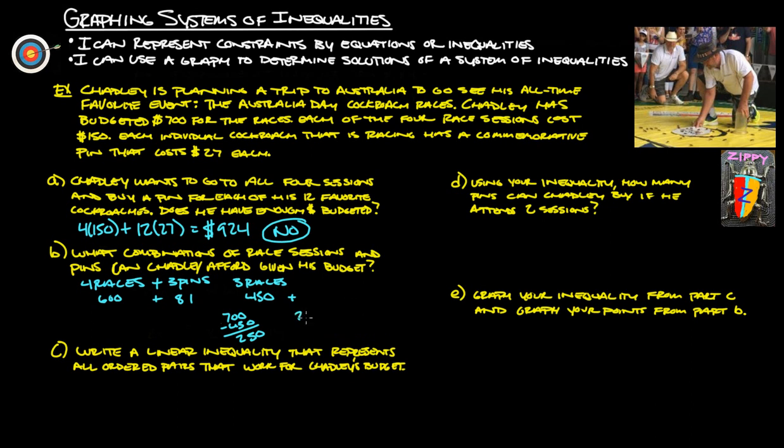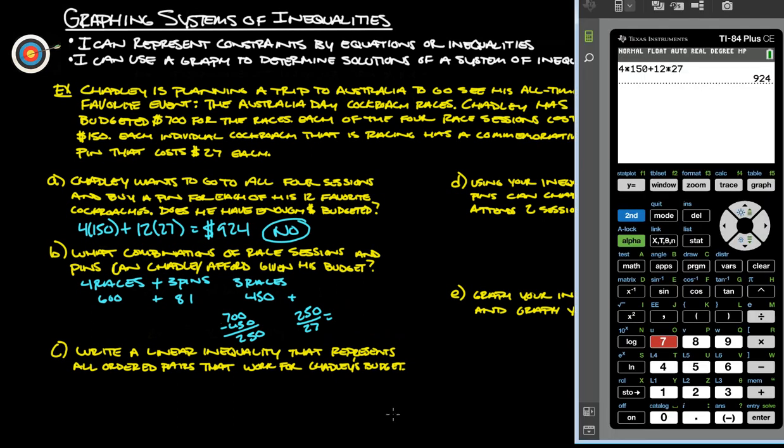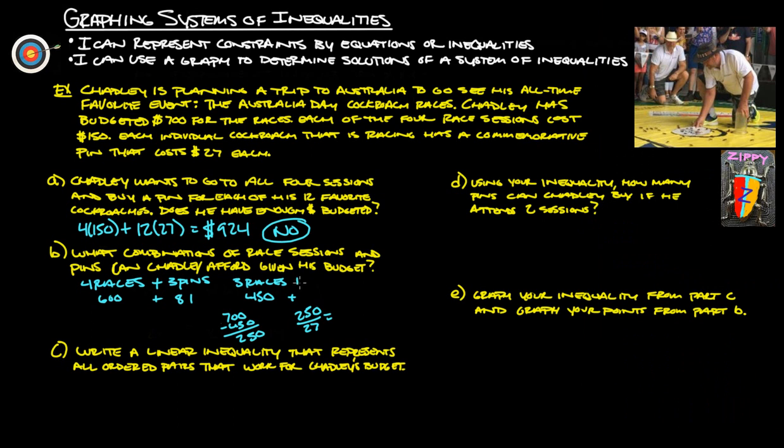So if we take 250 and divide it by 27, that'll tell us exactly how many pins he can get. 250 divided by 27 gives him 9.25 pins. Can't buy 0.25 of a pin, so we would have 3 races and 9 pins, right?